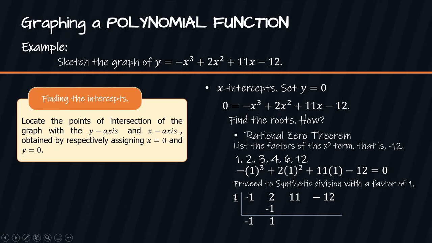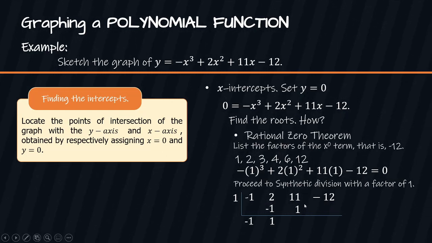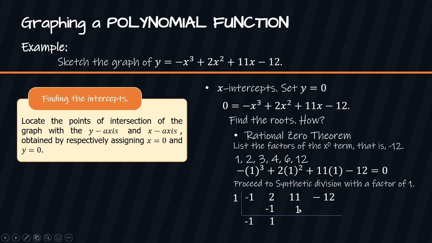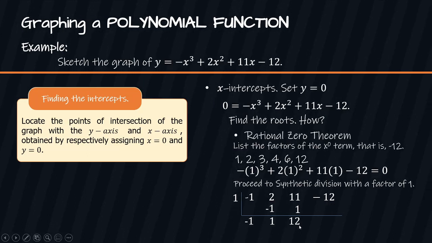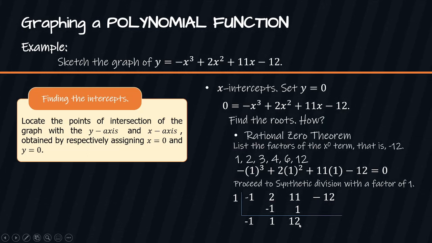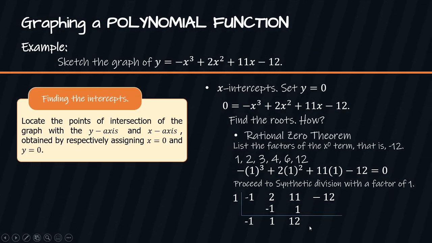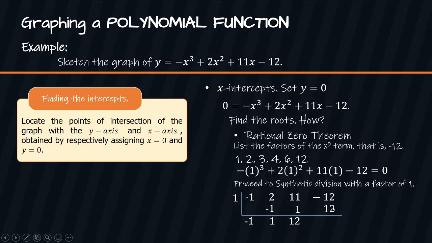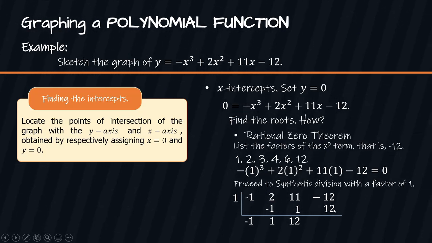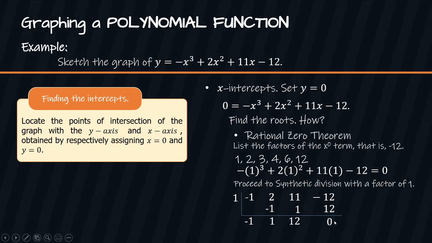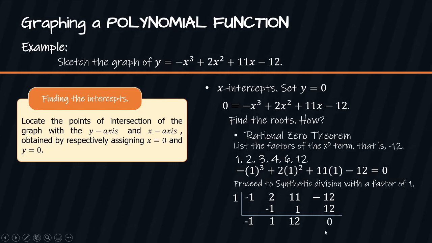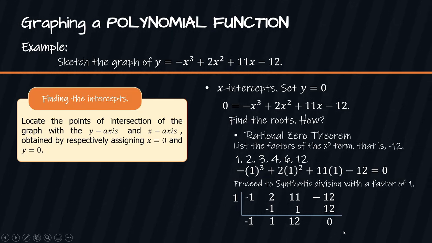Then we multiply 1 times 1, that is 1. Then we add 11 plus 1, which equals 12. Then we multiply 12 times 1, which equals 12. Then we add negative 12 plus 12, that is equal to 0. This is a good sign that we are doing this right.